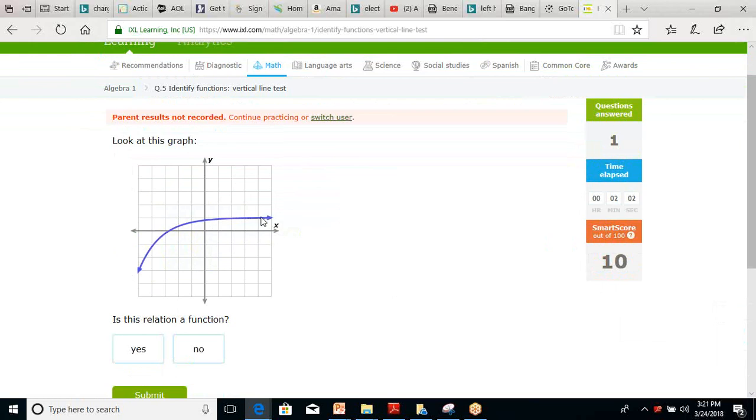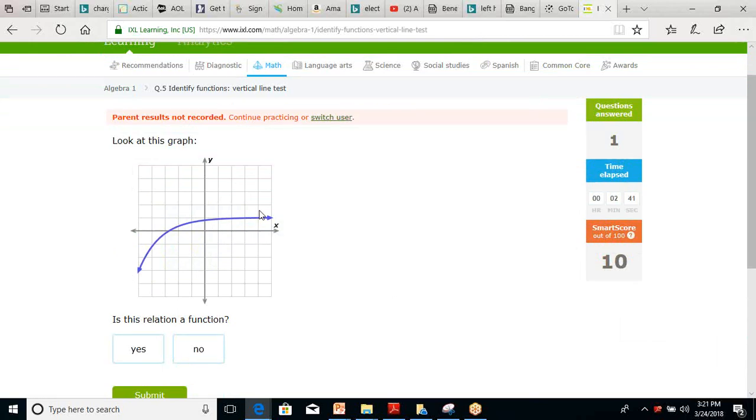So if you plot a point and all along here, they're going to have different x values. All the points are going to have different x values. All right, say for instance, this is 1, 2, 3, 4.